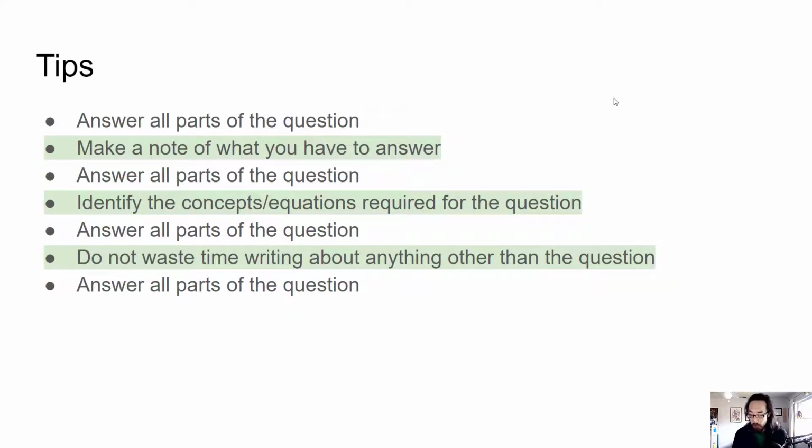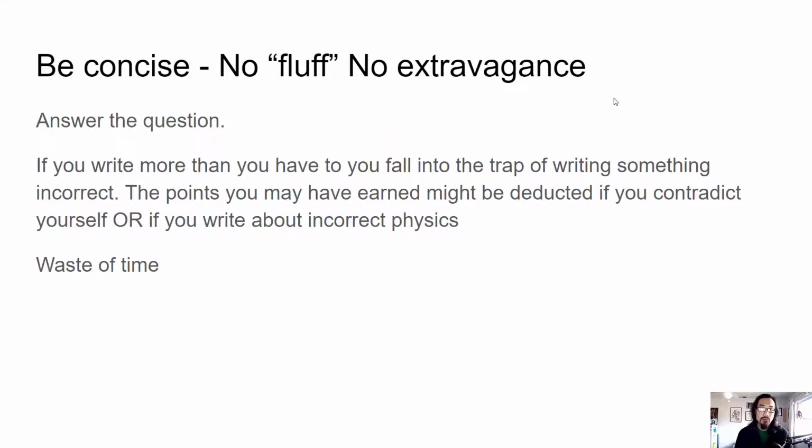I'll go into more detail on that in a little bit. So be concise, no fluff, no extravagance. Answer the question. There's another slide that goes over exactly what this means, but let me give you a general overview. As you are writing your paragraph response, if you write more than you have to, you fall into the trap of writing something that's incorrect.